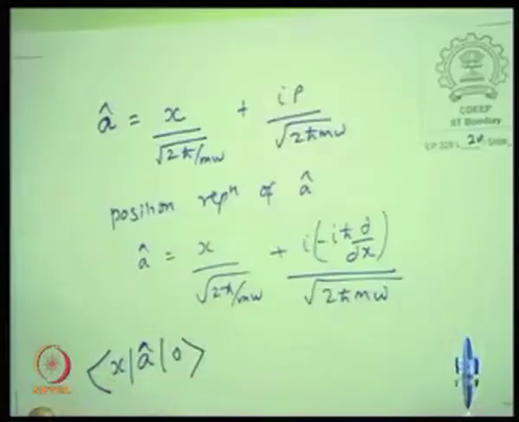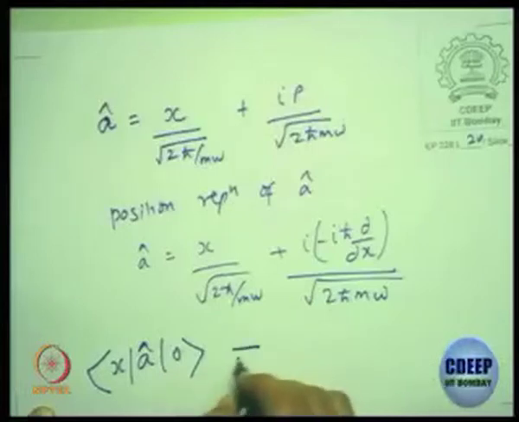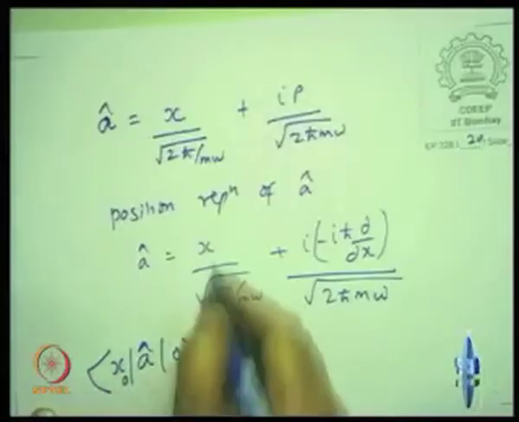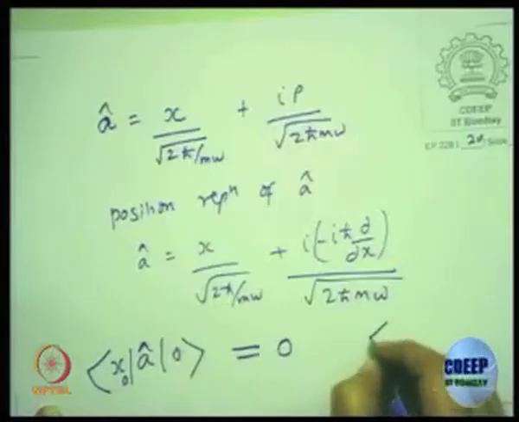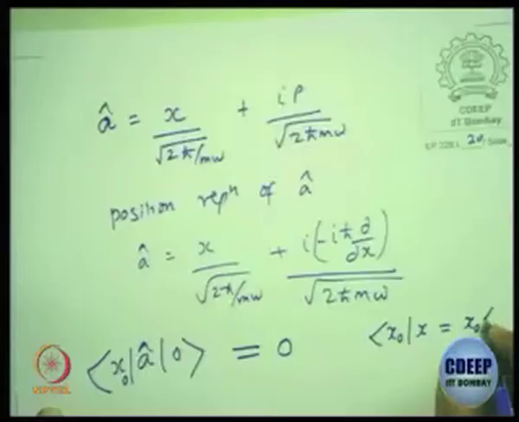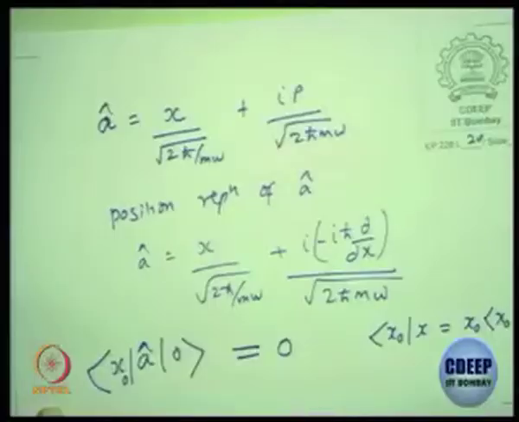A on 0 is 0, and let's simplify this. So X on X is X, right? You can put an X naught if you want and you can write X naught with X operator will be X naught X. A was P plus iX.